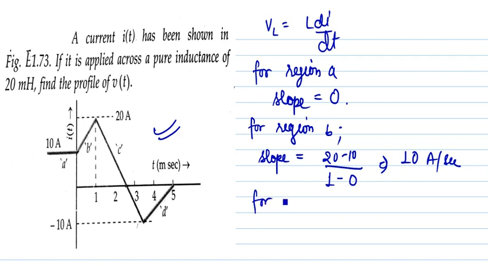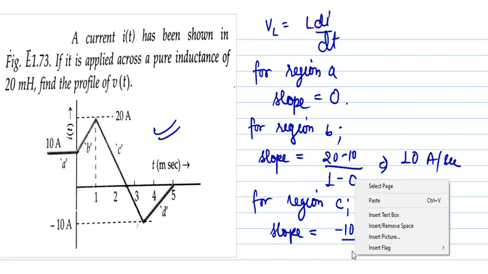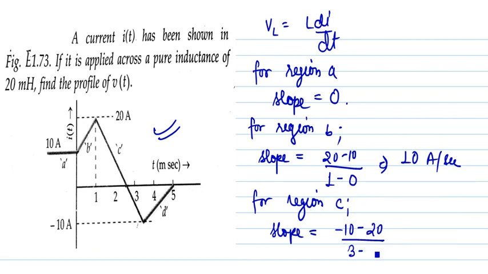Next, for region C, we have slope equal to y2 which is minus 10 minus 20 upon 3 minus 1. So that is equal to minus 30 by 2, or that is equal to minus 15 ampere per second.